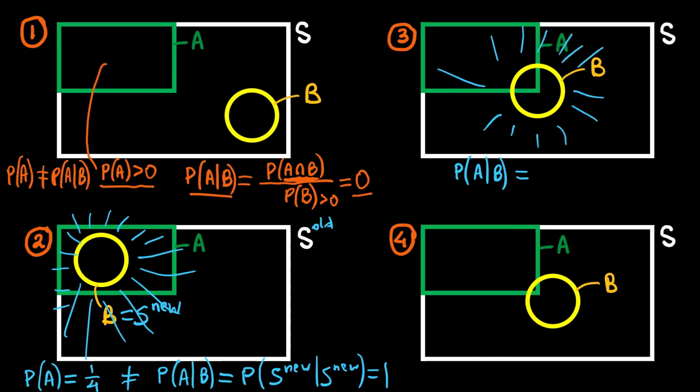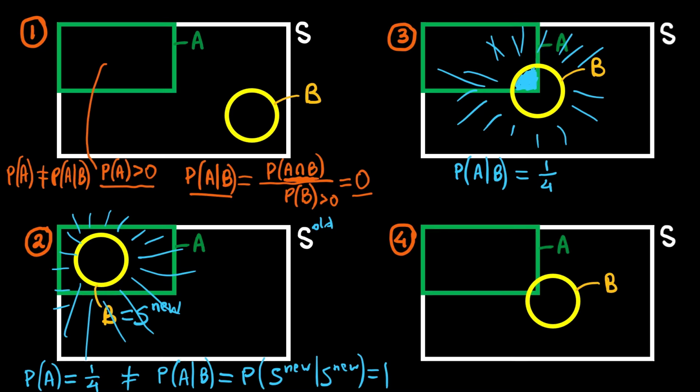So when we now zoom in on B, what is the probability of A if B is the new sample space? It's 1/4. I've drawn this very carefully so that the intersection of A and B takes up that second quadrant and is 1/4 of the area of B.